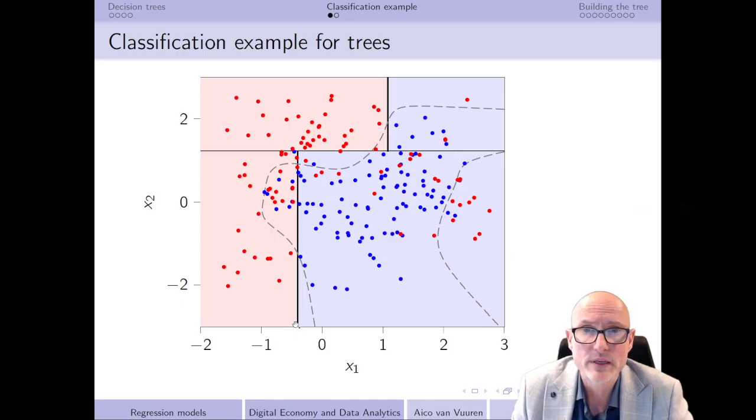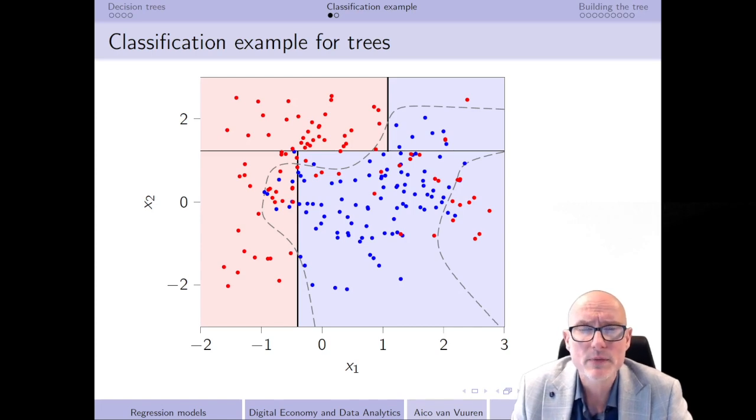So we now see that if x1 is, in this area, smaller than minus 0.4, then we are going to make a prediction equal to red, and otherwise, if it's larger than minus 0.4, then we are still going to have a blue prediction.